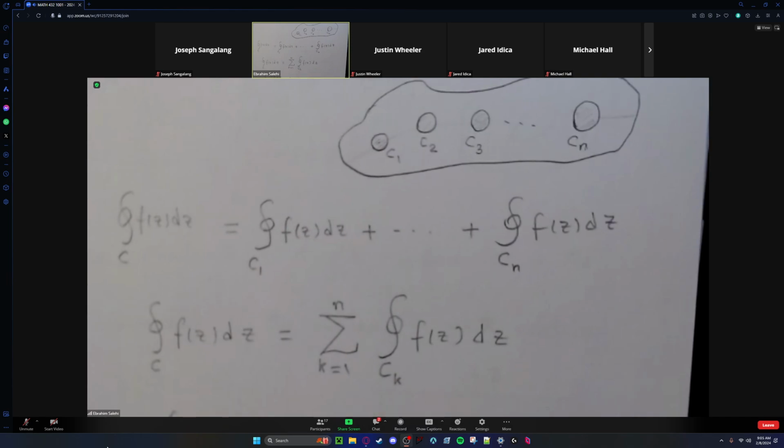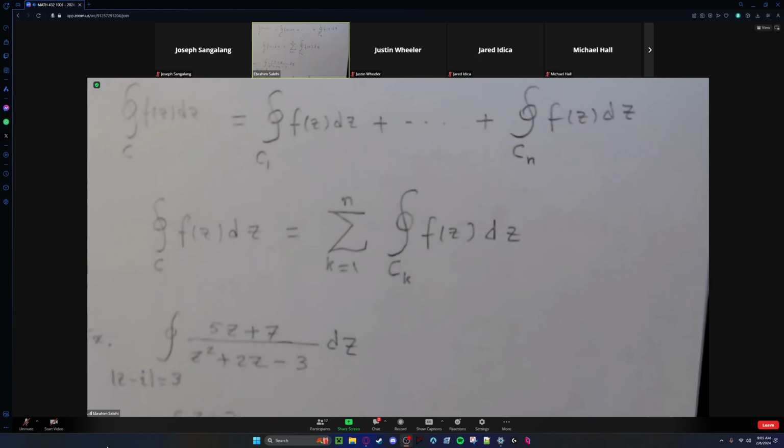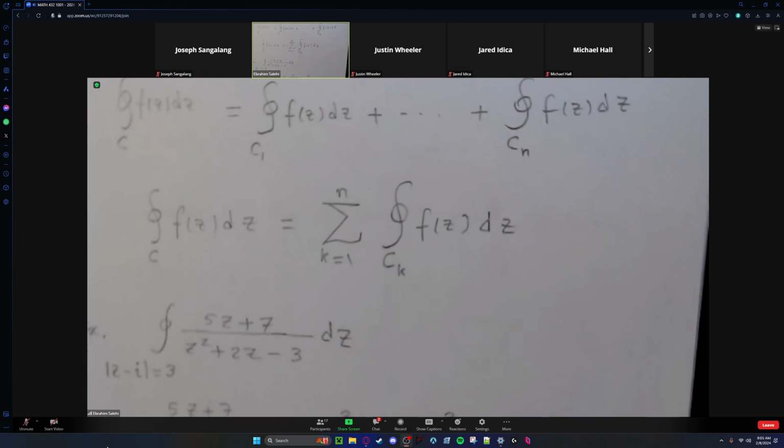Now, here is an example. Look at this. This function has 2 singularities or bad points, zeros of the denominator. We don't like zeros of denominator.